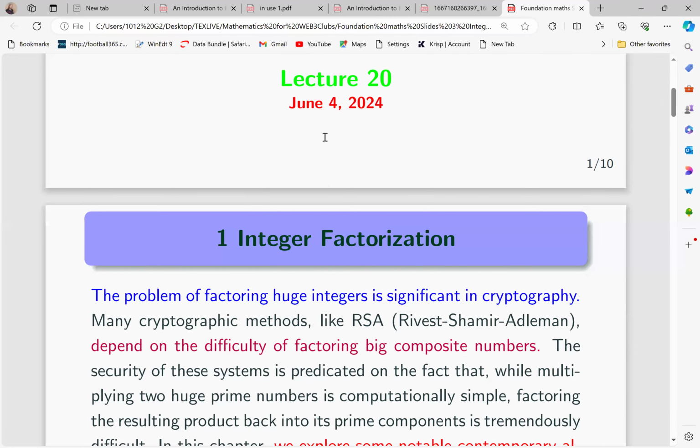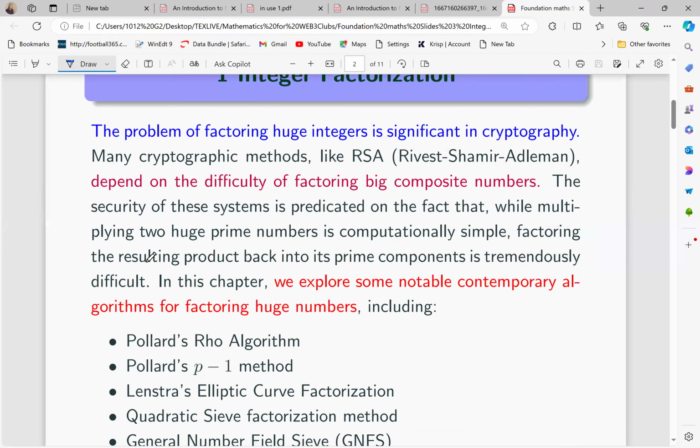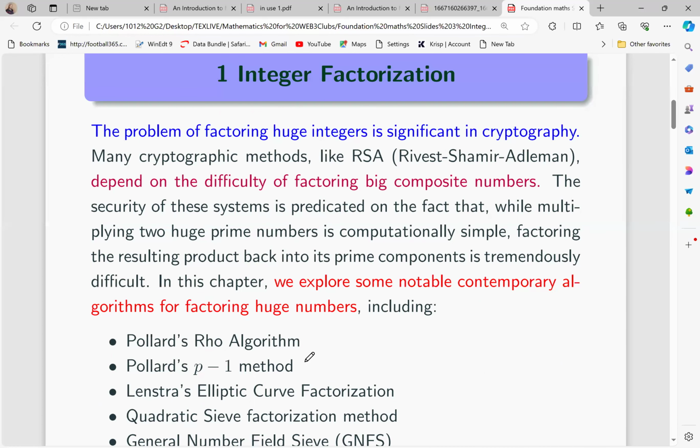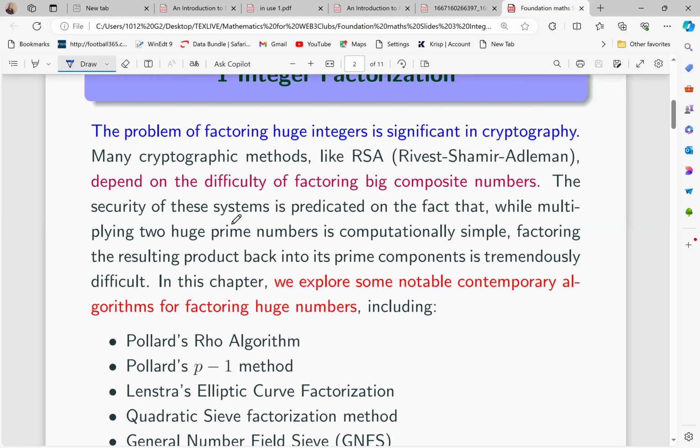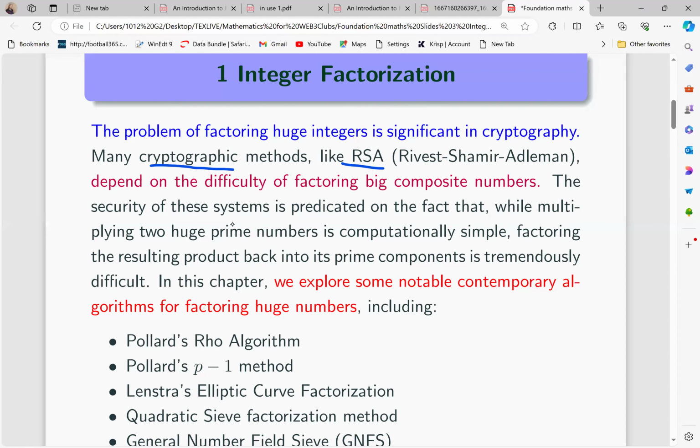So I began by noting that the problem of factoring huge integers is very significant in cryptography. The reason is that some cryptographic methods, such as RSA, use the difficulty of factoring numbers as their security.